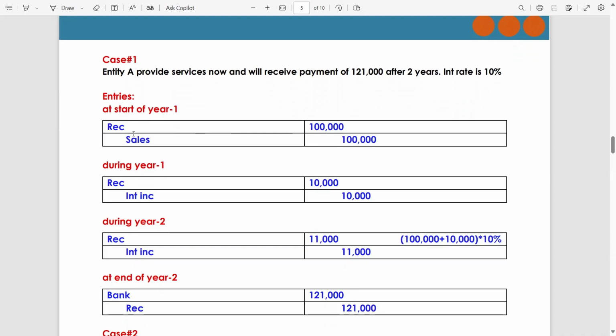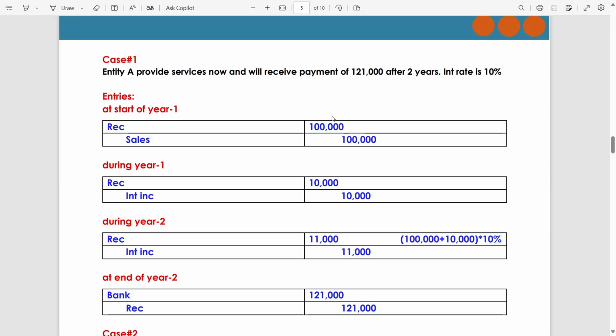Let's create journal entries. Receivable debit, sales credit. Why receivable? Because we have not received the amount. So receivable debit, sales credit by 1 lakh. How is this 1 lakh calculated? 121,000 is the future price which we will receive after 2 years. So 121,000 divided by 1.1 raised to the power 2 gives a present value of 1 lakh.